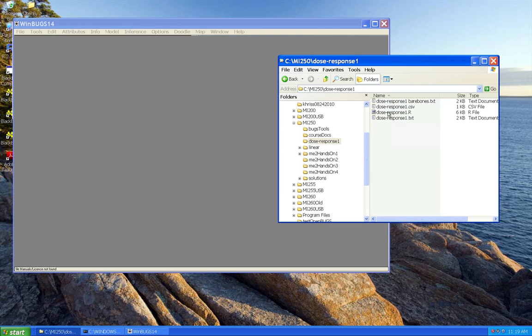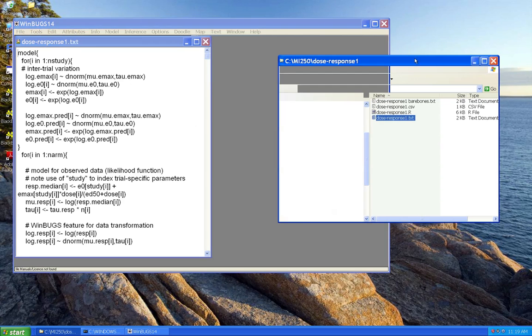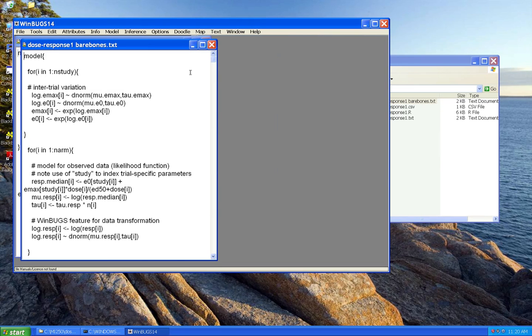So we've got our model here. I've actually added a little bit. Actually, let me show you this one first, the one I labeled as bare bones, because what I showed you in the slides is what we're looking at here.